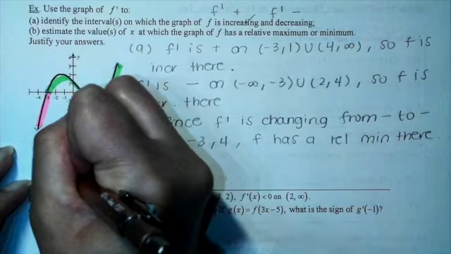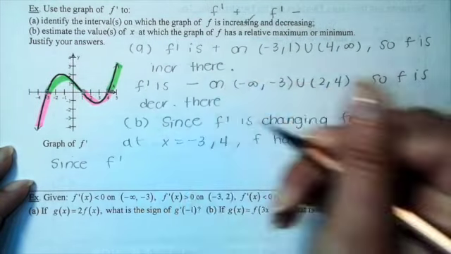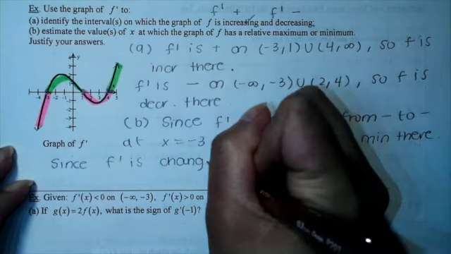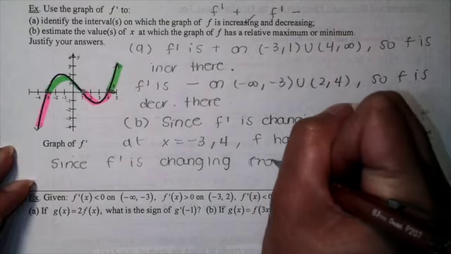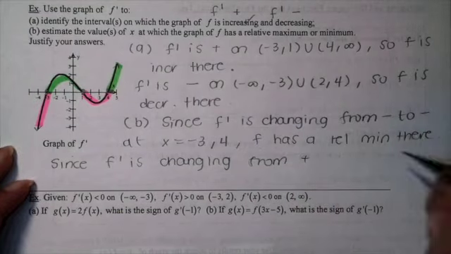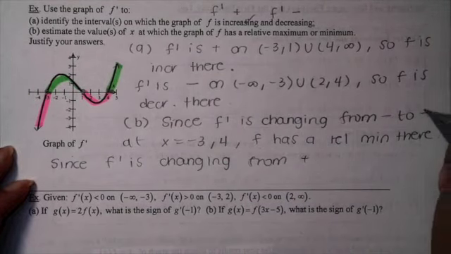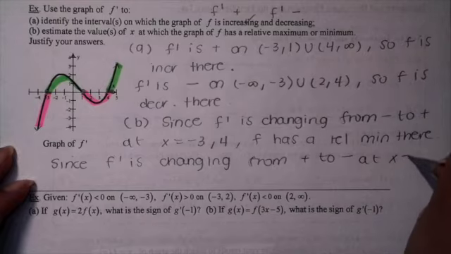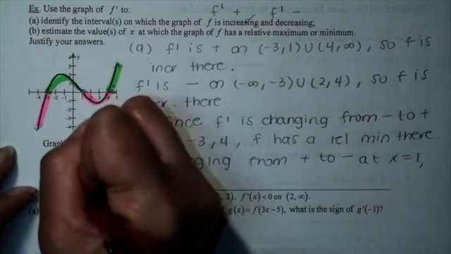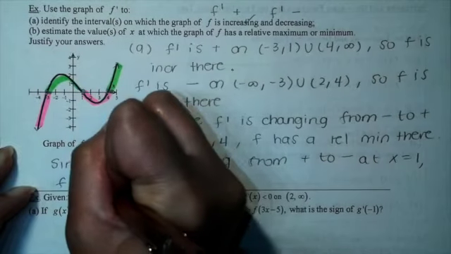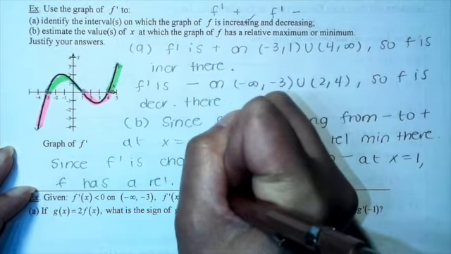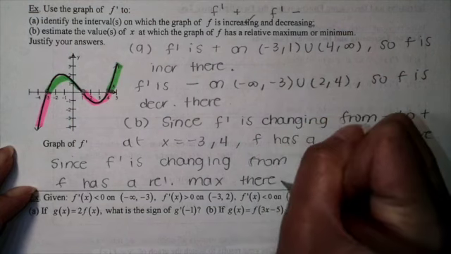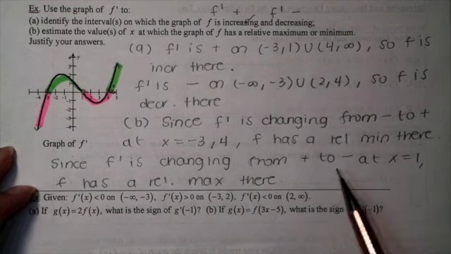So you can say since f prime changes from positive to negative at x equals 1, we can say that f has a relative maximum there.